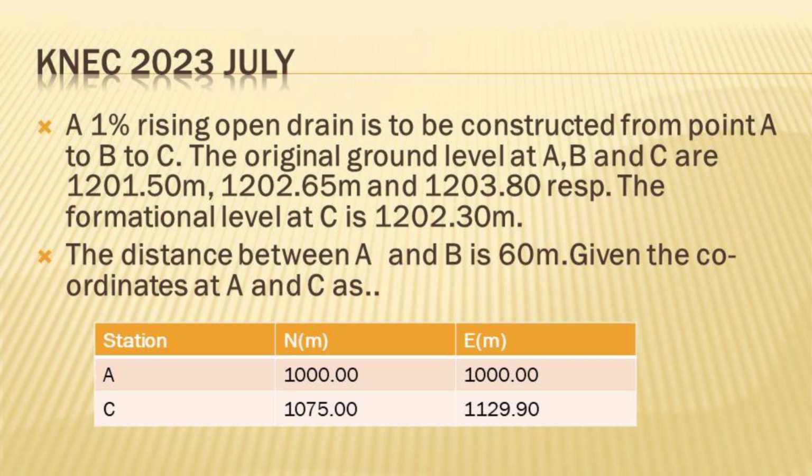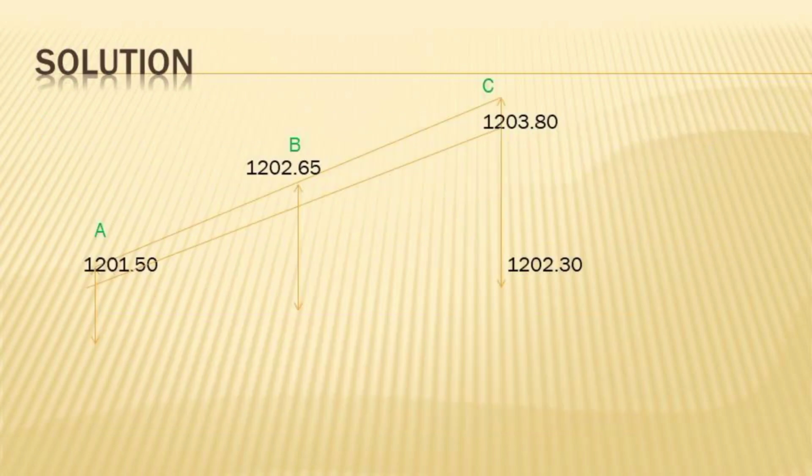That is the rising gradient. I've illustrated that in the diagram there. You can look at it where we have our levels at A, B, and C, and then our formation level at C.